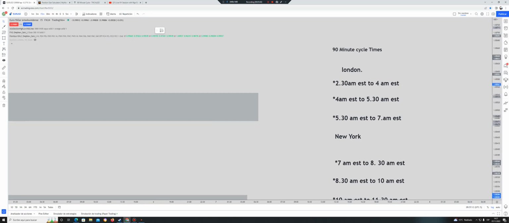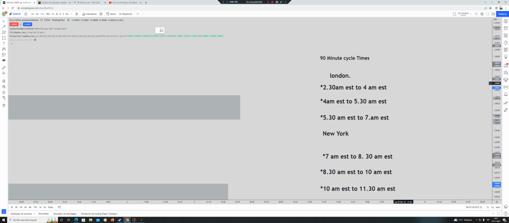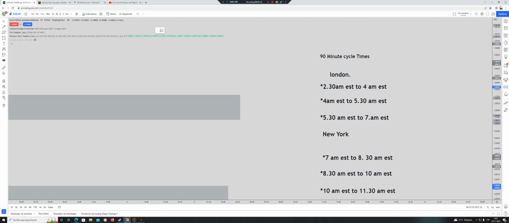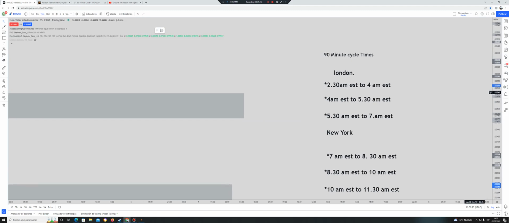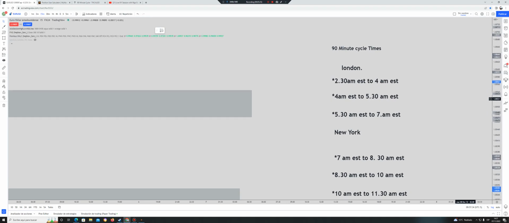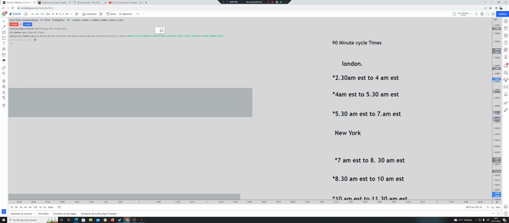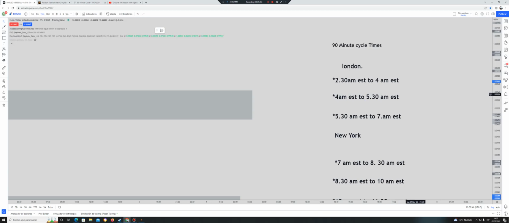What I basically do is I use the first 90-minute cycle as information, because what they are going to do in this first 90-minute cycle is move the price to certain liquidity pools to take liquidity. Imagine Asia high, Asia low, or if there is a big fair value gap, a big order block. Between 2:30 and 4, they're going to move the price to those liquidity pools, and then that is when the second liquidity cycle comes.